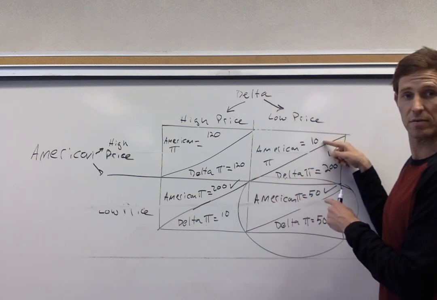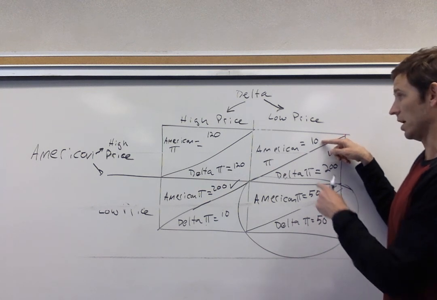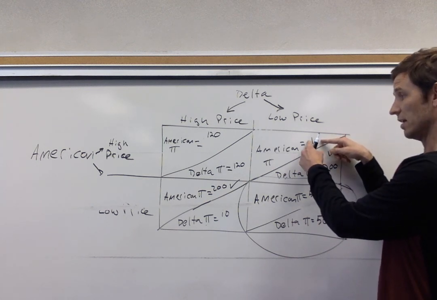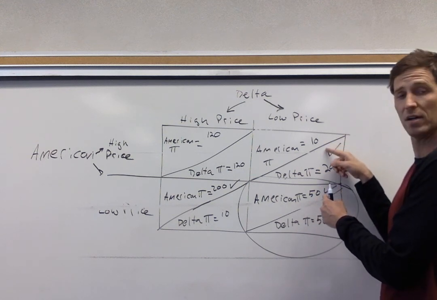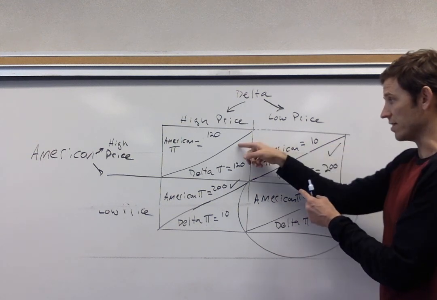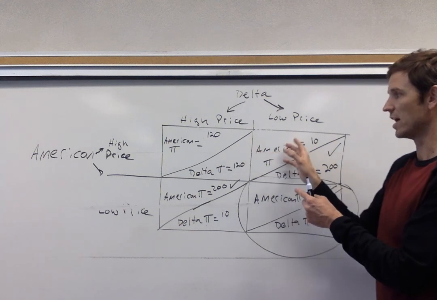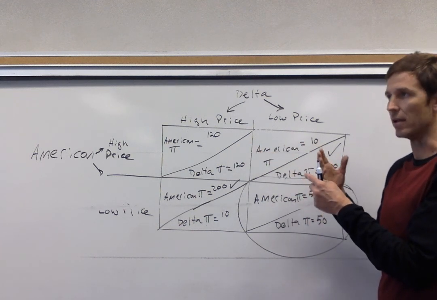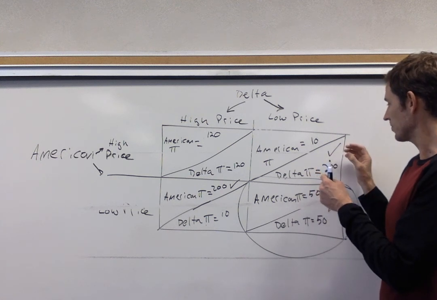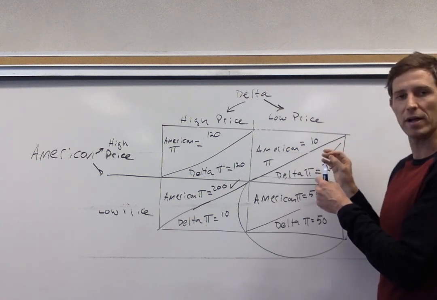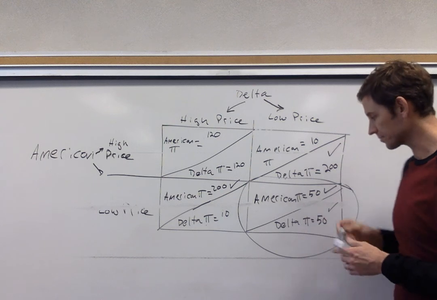What about American? Here they're charging a high price. If they could switch to a low price, their profit will go up. So they do, in fact, have a reason to switch. So both of these top two cells are not a Nash equilibrium because at least one player could be better off by switching.